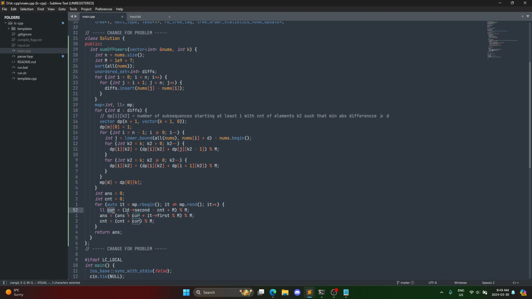I start with the answer for this difference, and I minus the answers of all the previous higher differences. And then just modular arithmetic. This gets us a count, but I need to multiply by the power, since we want the sum of the powers. So this carries a true answer for this current difference. And then I just add this answer to count.